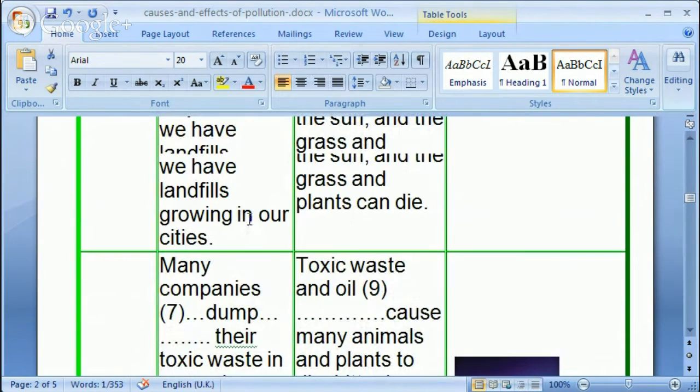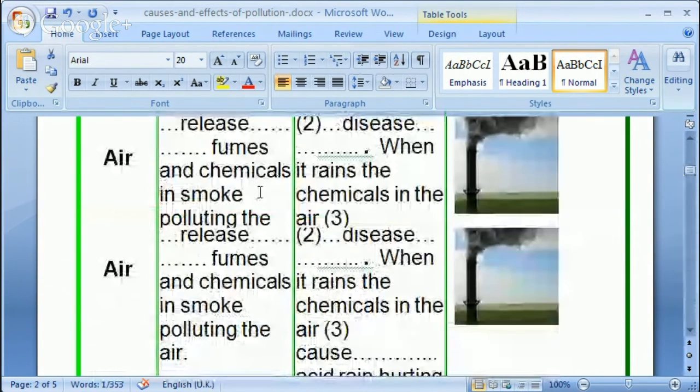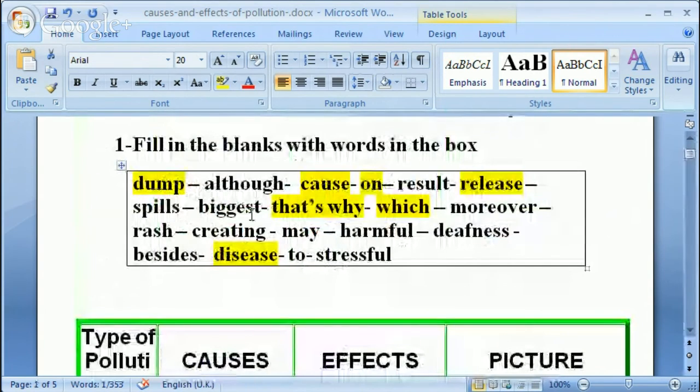All right, so let's see what we got. What could possibly work? Although ships, no. Result ships, absolutely not. Spills ships, makes no sense. Biggest ships, impossible without the in front of biggest. Moreover is possible. I could be using this as an introductory word. Rash ships, no. Creating ships.